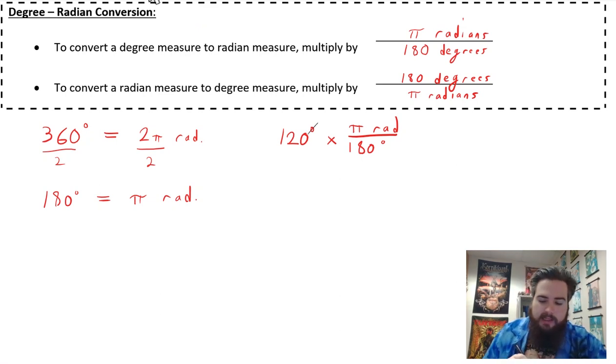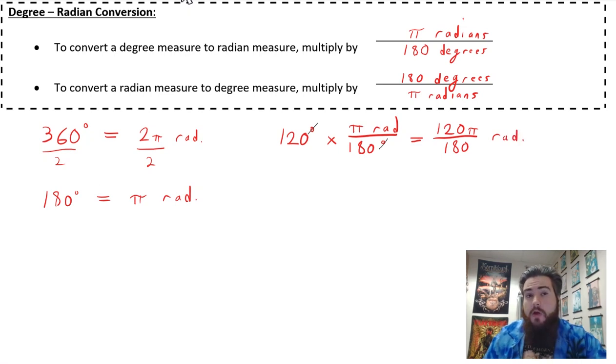This will eliminate the degree measure and allow us to get 120 pi over 180 radians. Or if you simplify that, since both the top and the bottom have a factor of 60 in common, you can simplify this to 2 pi over 3 radians.